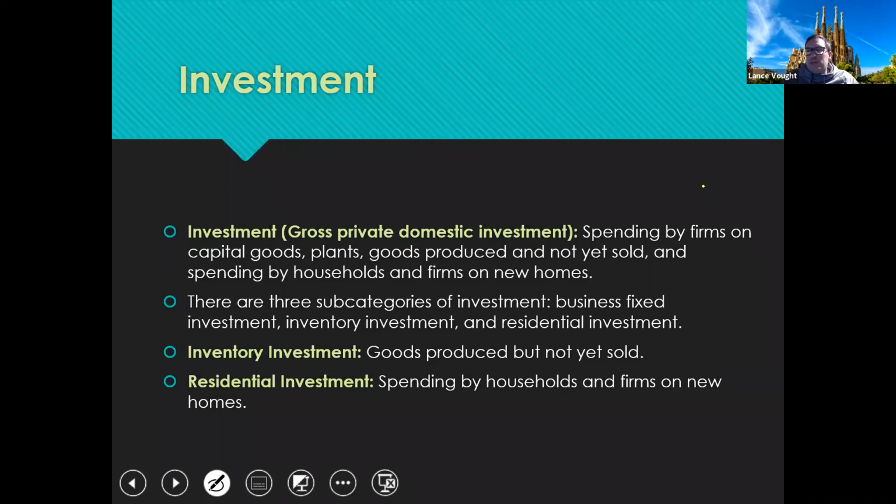So when firms invest in capital goods and new facilities, that's known as business fixed investment. So business fixed investment is basically the level of investment that's going to be undertaken in order to be able to grow the business long term.